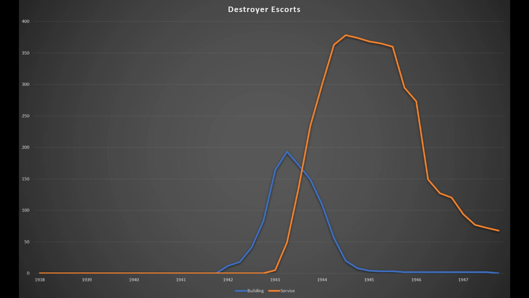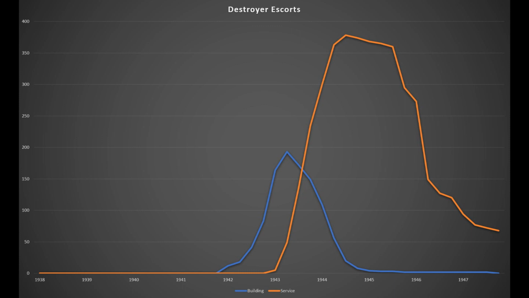And then, again, in a manner similar to the destroyers, but even more obvious because, well, destroyer escorts are quicker to build, the numbers under construction actually drop off very, very quickly. To be fair, again, still in 1944, there's still over 100 on the slipways, but that's quite a reduction from almost 200, and that basically almost craters by 1945.